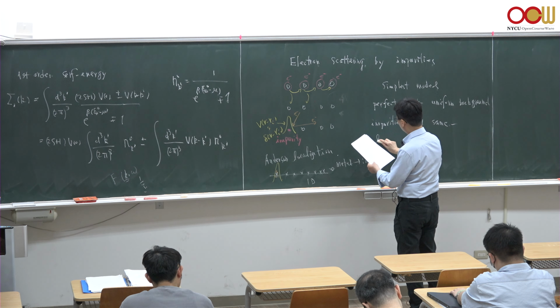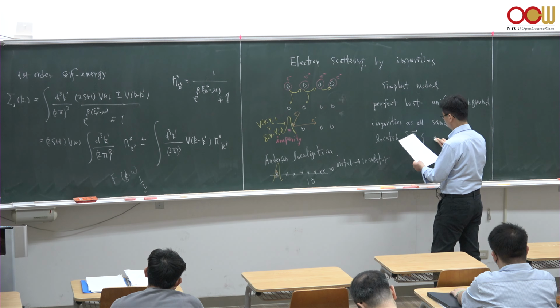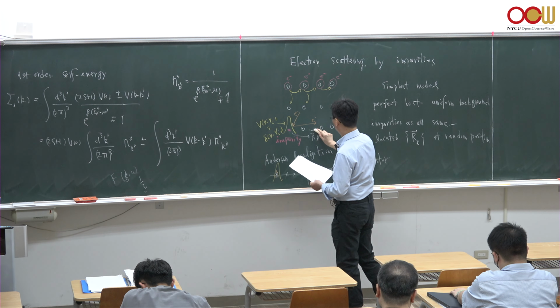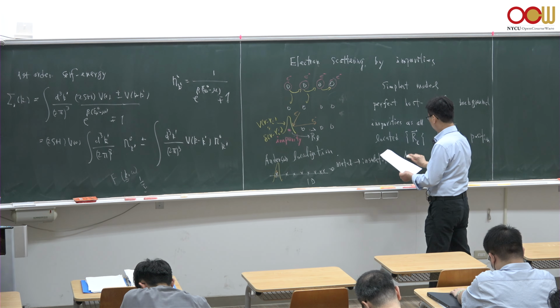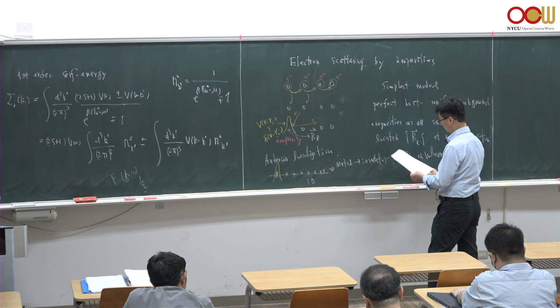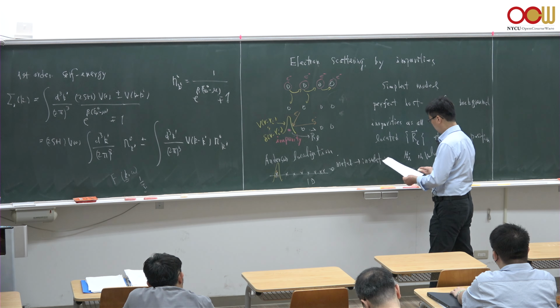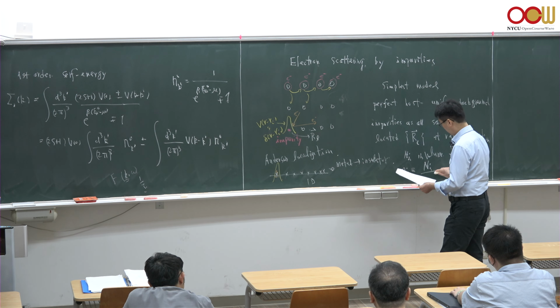They are located at positions capital R_L randomly. The number of impurities is capital N_i in a volume Omega. So you get the impurity concentration, little n_i, which is capital N_i divided by the volume Omega.